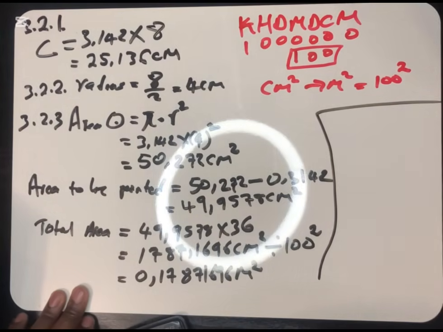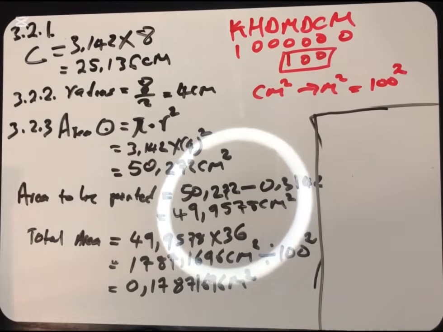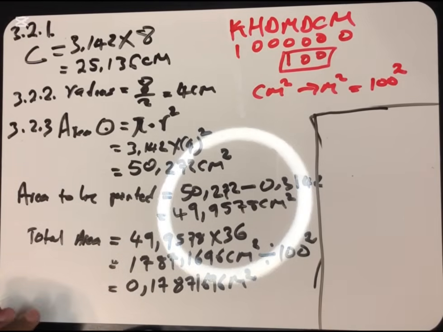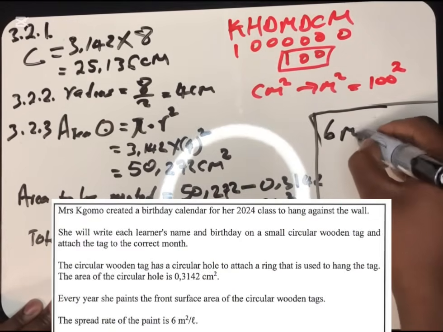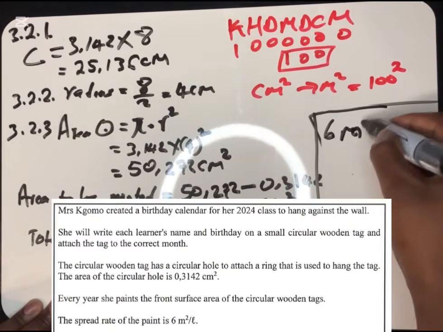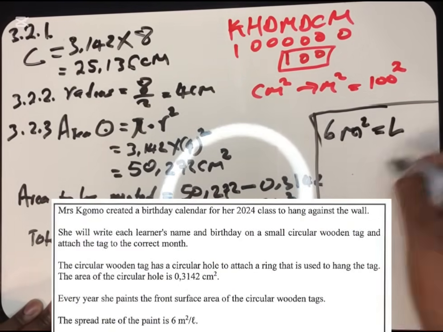According to the information that we have here, we now want to check if the paint that is bought is going to cover this area. And we should not forget, they've given us that 6 meters squared will be covered by 1 liter.